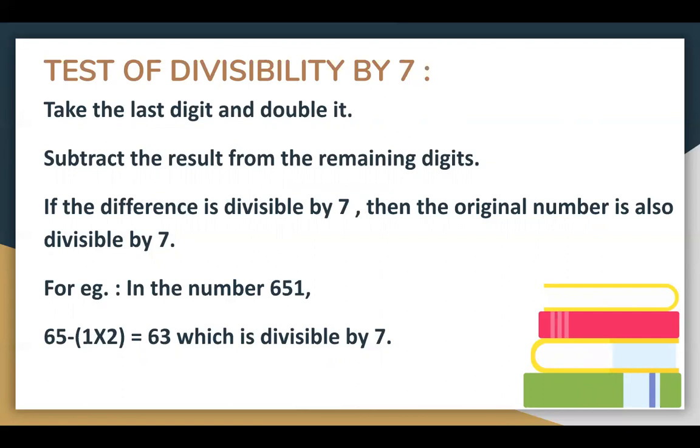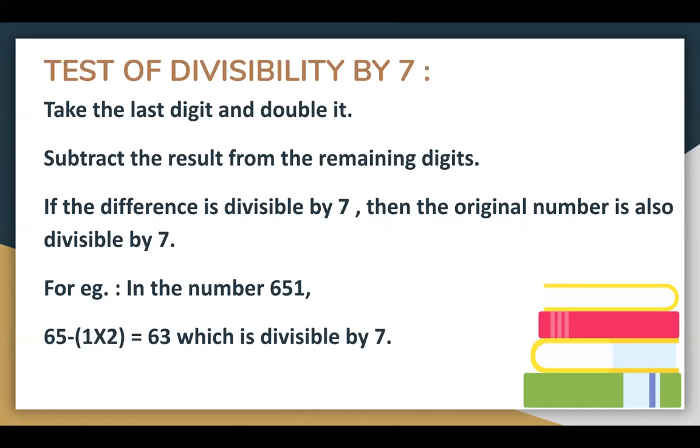For example, in the number 651. Now you have to follow 3 steps. First step, you will see the last digit. Last digit is 1 and you have to double it, means multiply it by 2. Then second step, you have to subtract the result from the remaining digits. Here the remaining digits are 65.